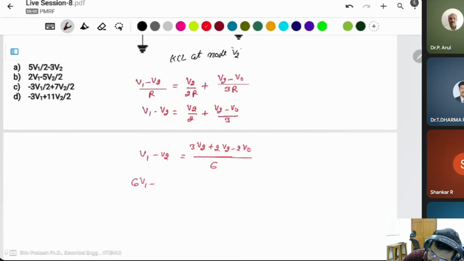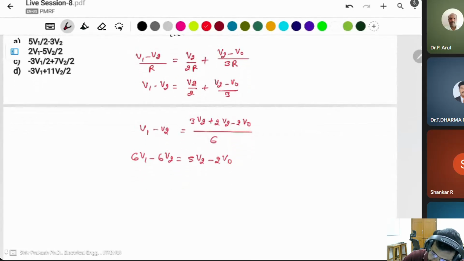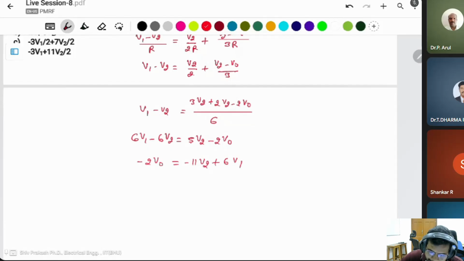This is 6V1 minus 6V2 equals 5V2 minus 2V0. Minus 2V0 equals, transferring to the left side, 5 minus 6, equals minus 11V2 plus 6V1. Multiply by minus 1 divided by 2, then this will be minus 3V1 plus 11 by 2 V2.